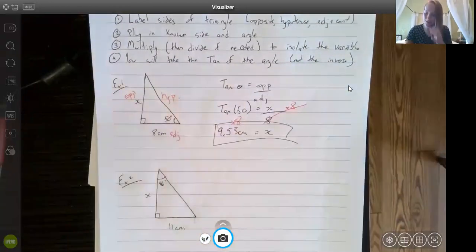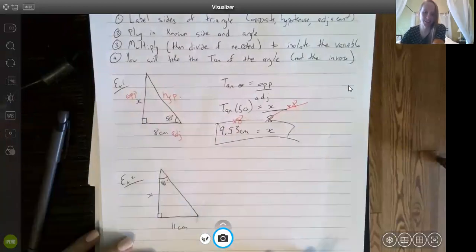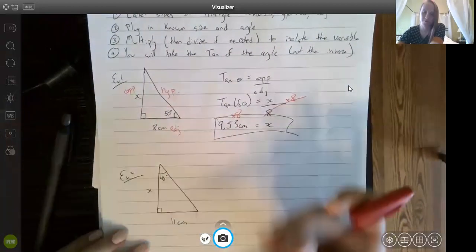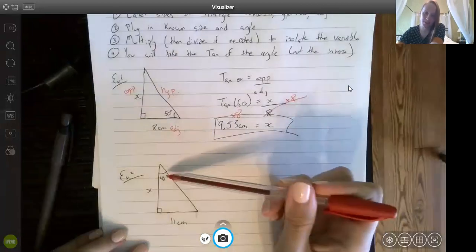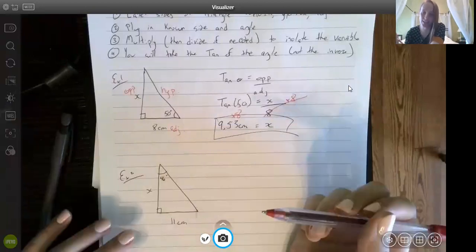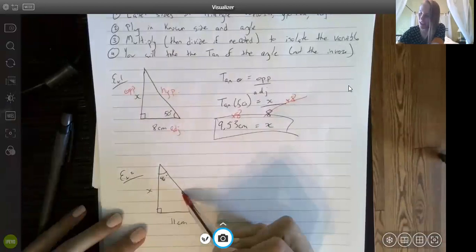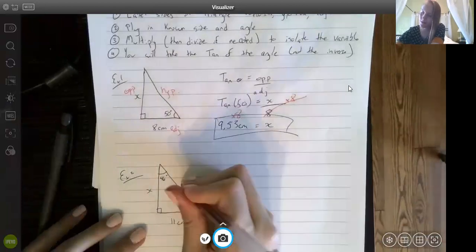Okay, next example, similar triangle. It's a right angle, it's organized the same way, but I've been given a different angle. This one is 46 degrees. Again, step one has to be label my sides. So across from the right angle is my hypotenuse.